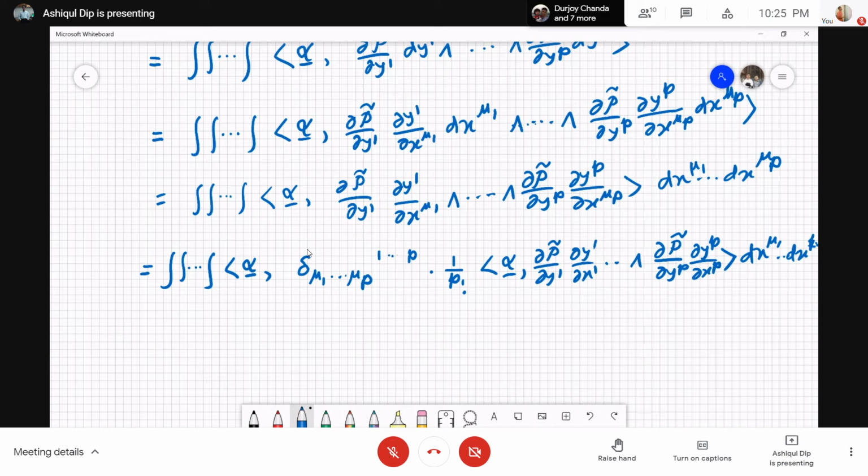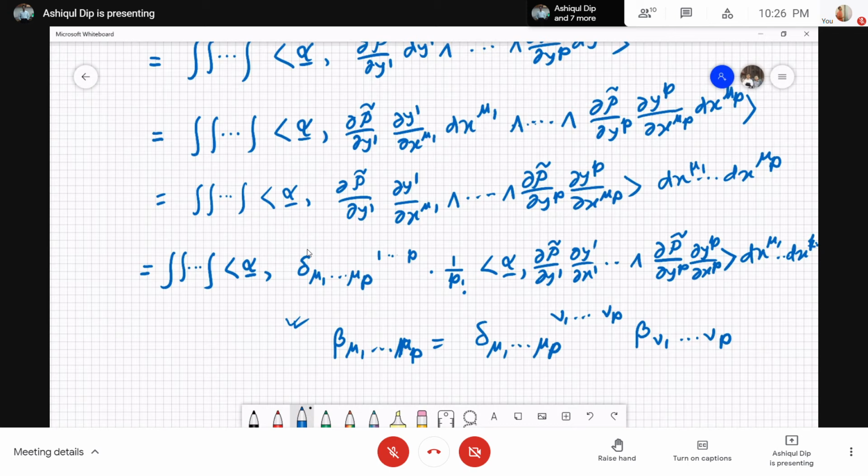Crap. Okay, let's remember the identity, because probably I messed it up here. For beta, if it has mu1 up to mu p as antisymmetric indices, then I have the Kronecker delta mu1 up to mu p, mu1 up to mu p, and then beta mu1 up to mu p. And where is the factor, here or here? We learned this earlier.